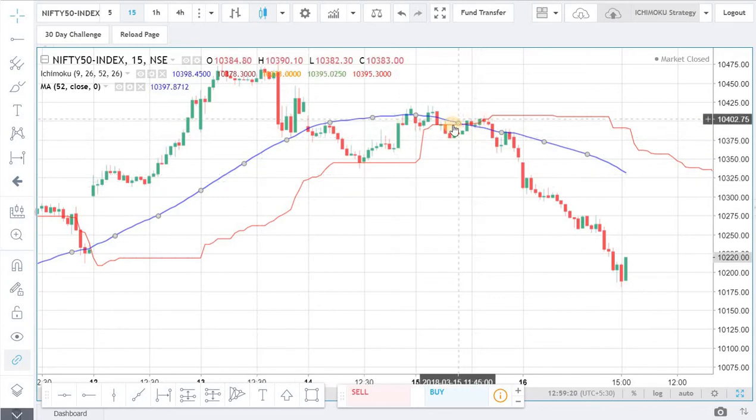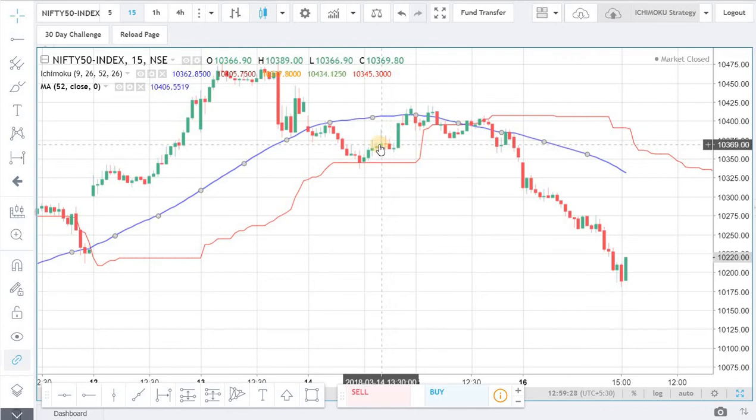These are also levels that were given by the 52 period span B, and it was given probably when the price was here. But when the price was here itself, it actually gave you a good level over here.